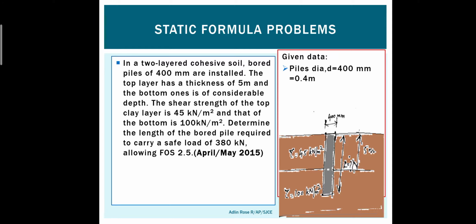Then the shear strength of the top clay layer is 45 kilonewton per meter square. Since it is two layers, the 5 meter top layer carries a shear strength of 45 kilonewton per meter square. What is shear strength? Shear strength and cohesion are the same.